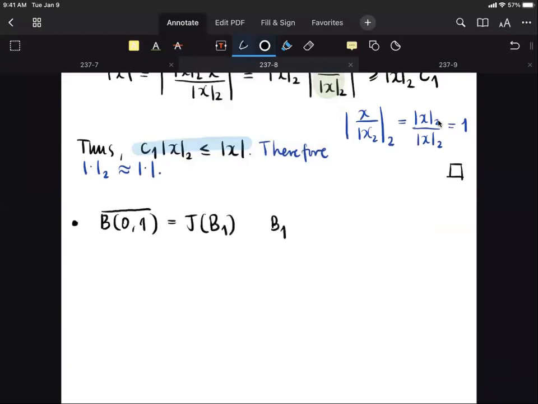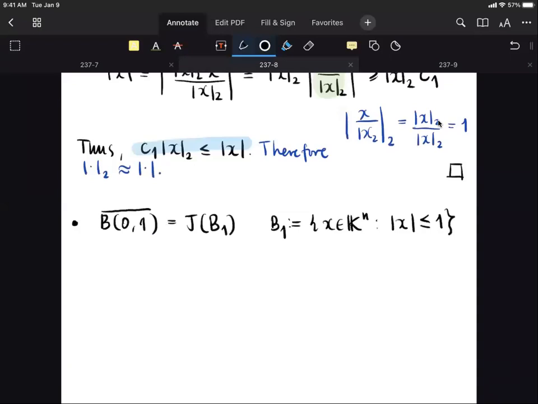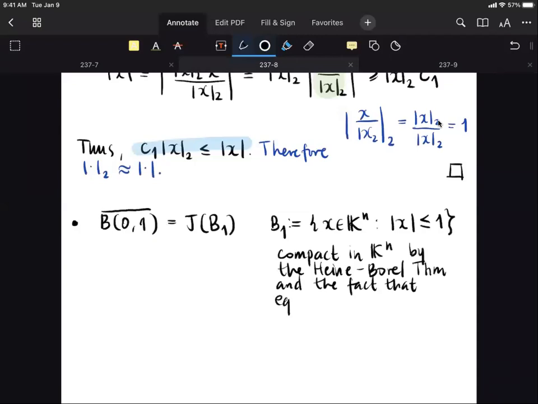here B1 is the ball in Kn with respect to the norm induced by the norm in X and the mapping J, the isometric mapping J. Take note that this is compact in Kn by the Heine-Borel theorem, and the fact that equivalent norms yield the same topology, metric topology to be precise.